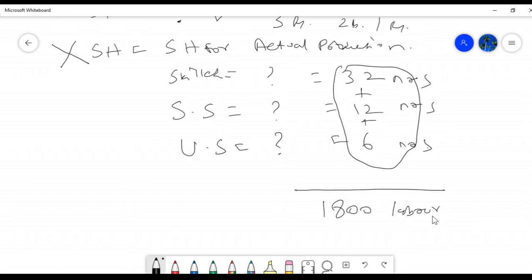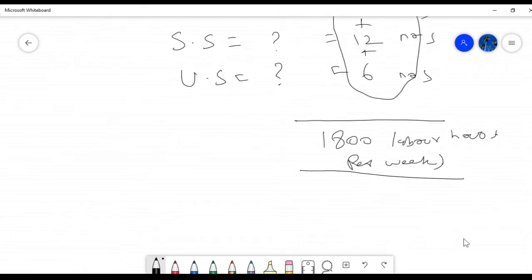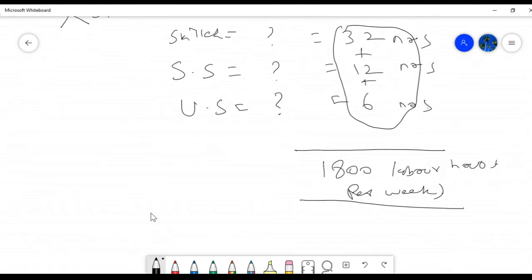If you read the question, standard labor hours produced is 1800 labor hours per week. So we have to identify how many labor hours for skilled, for semi-skilled, and for unskilled. Total they have given is 1800.